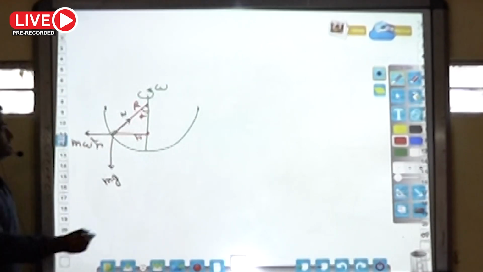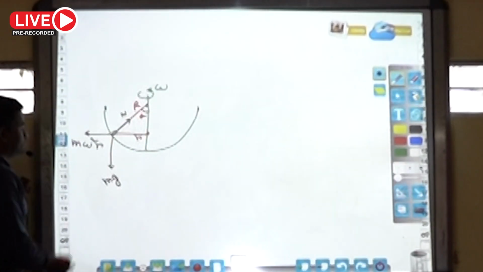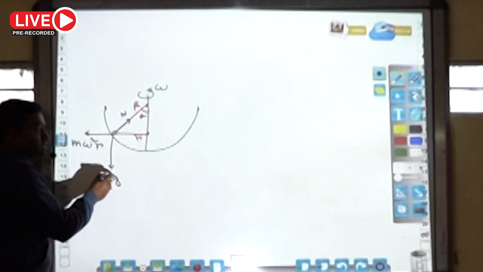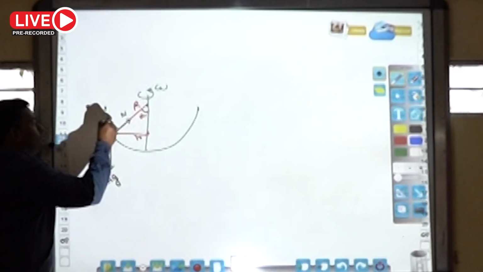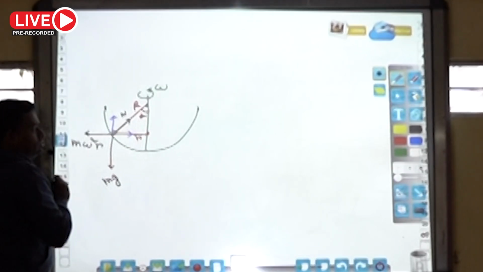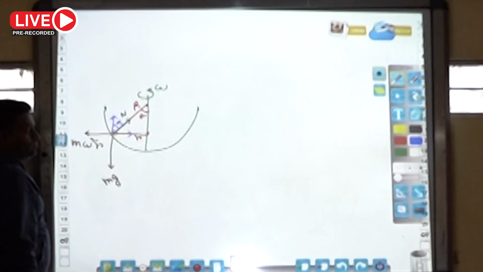So split the forces into components. These two are already perpendicular, so split N into components. One component of N is along this direction, another along this direction. If this angle is alpha, this angle is also alpha.